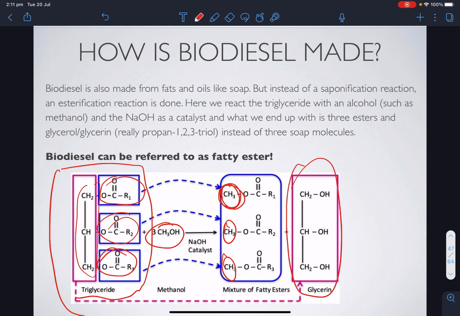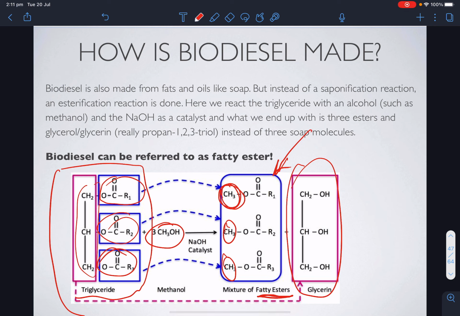So these are long chain esters, or sometimes called fatty esters, and this fatty ester is the biodiesel. So we can refer to biodiesel as a fatty ester.